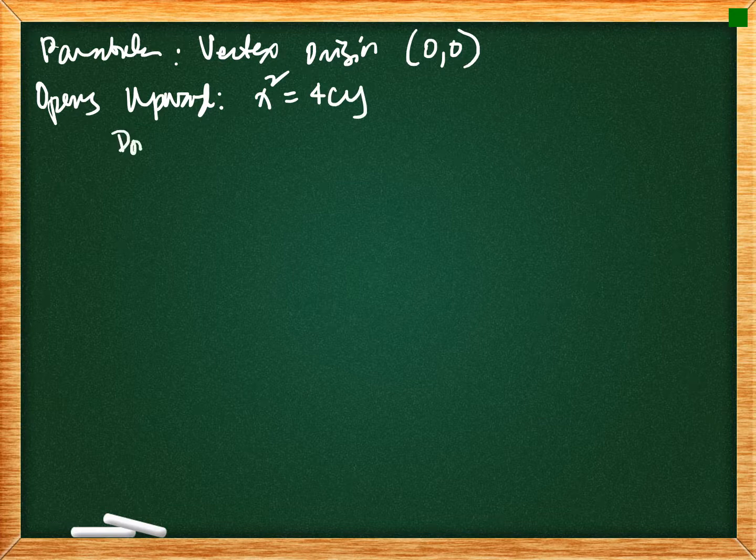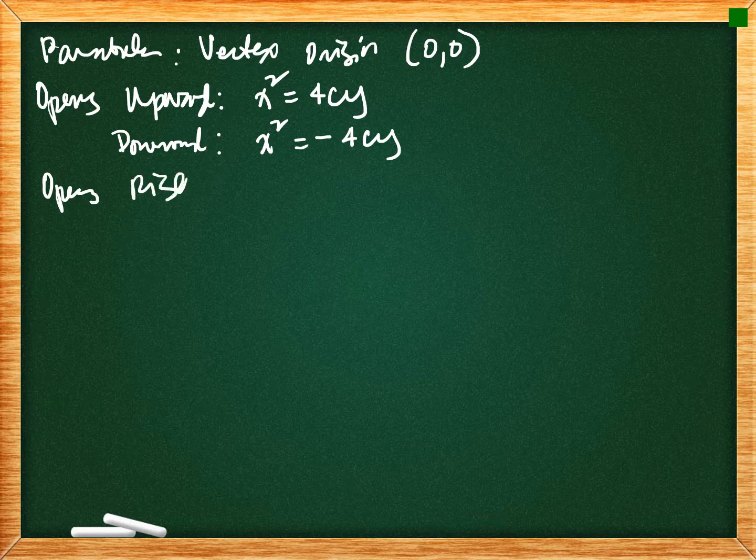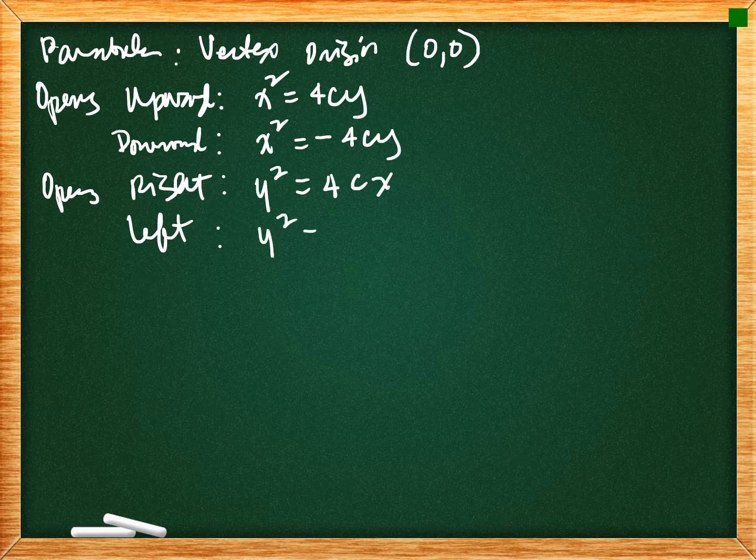But when it opens downward, the equation would be x squared equal to negative 4cy. When it opens to the right, that becomes y squared equal to 4cx. And when it opens to the left, that becomes y squared equal to negative 4cx.